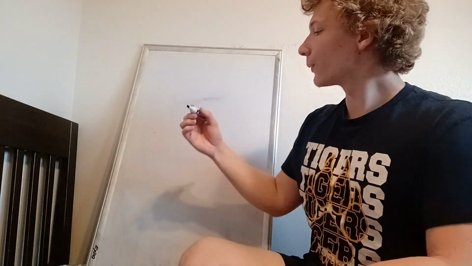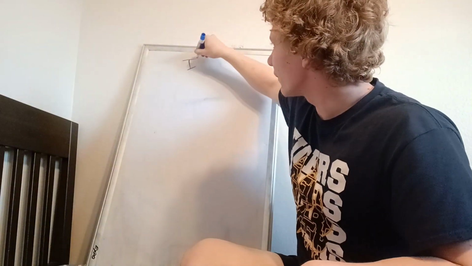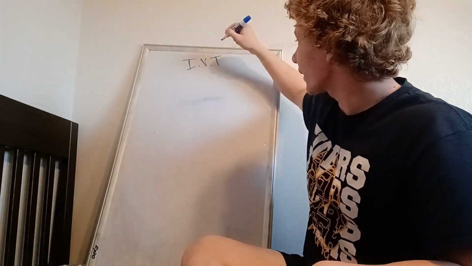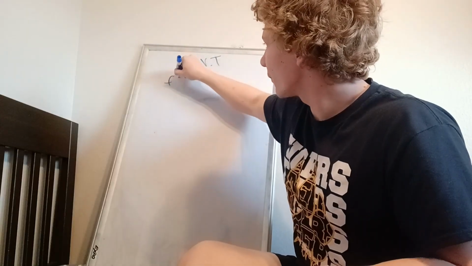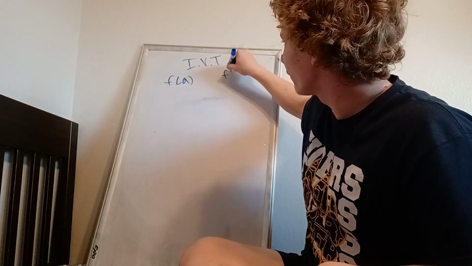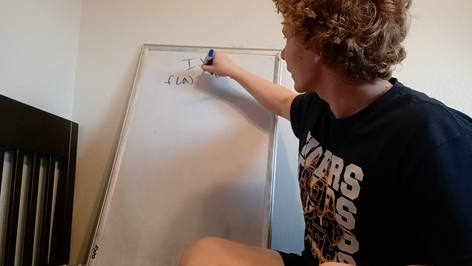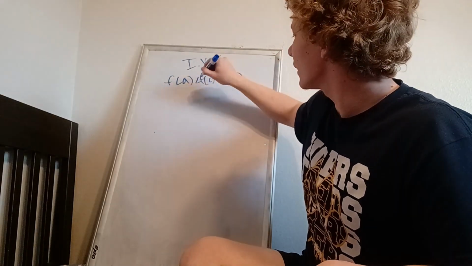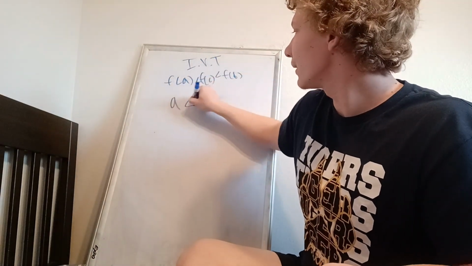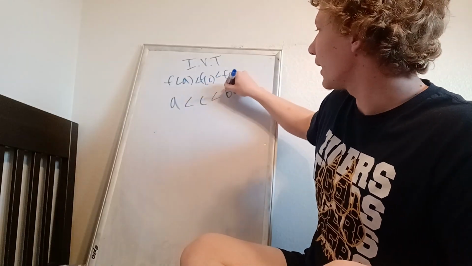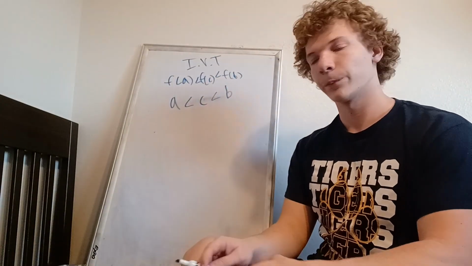So to recap, first we have the intermediate value theorem, which looks like this. And that's saying that if we have an f of a and an f of b, then if we're trying to find some f of c in between it, then there will be a value c in between a and b, which will give us that value.